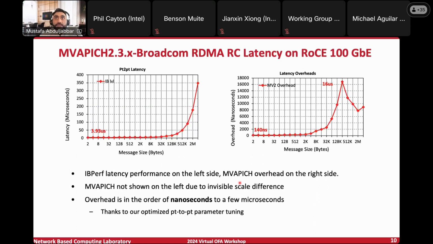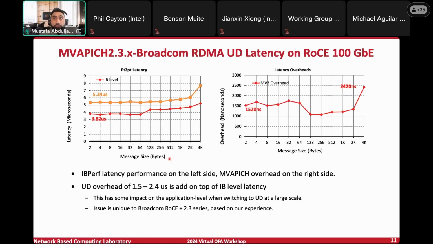By the way, this was on the RC side, but on the UD side, the initial performance that we got with UD was actually higher than that of the IB perf. On the left side, we see that the IB perf latency is 3.8 microseconds as opposed to 5.3 microseconds on the MVAPICH side, and we have a fairly high overhead there.